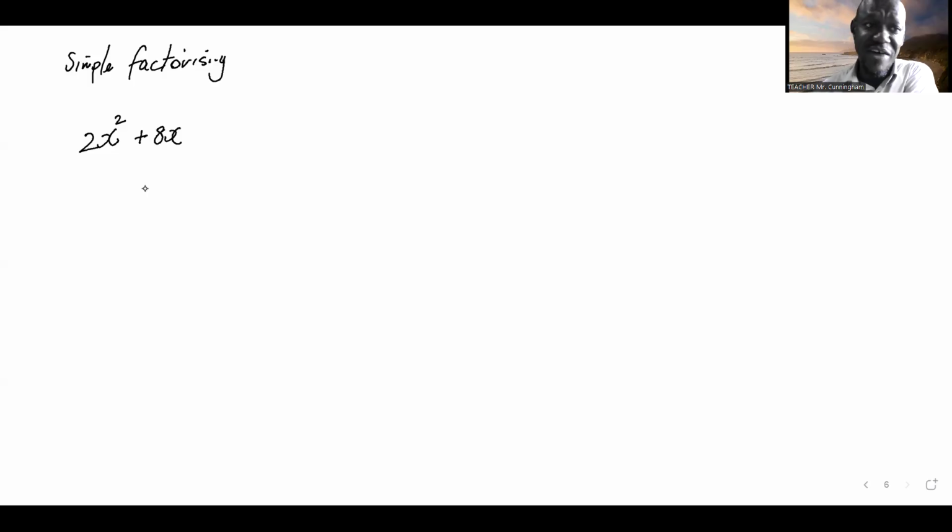So the common factor is what? Jenny, what's the common factor? 2x squared plus 8x. What's the common factor, Jenny? 2x. But what about the 2 and the 8? What is common to the 2 and the 8? We are actually finding the HCF.